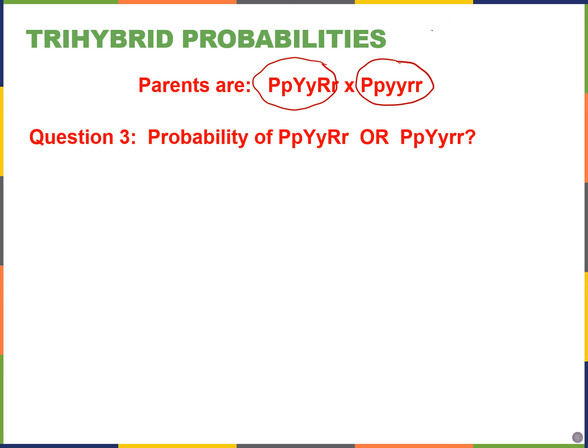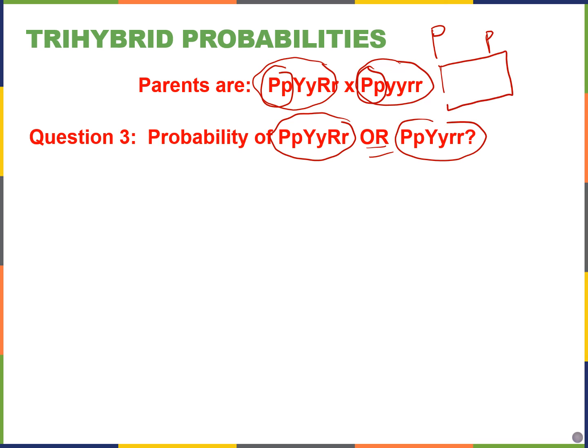So these are my parents, and I want to look at the possible offspring, this or this. I can look at each characteristic at a time. So let's look at big P, small p from the parents. I know from the Punnett square that the chance of getting big P, small p as a child is half. So that was going to be half.